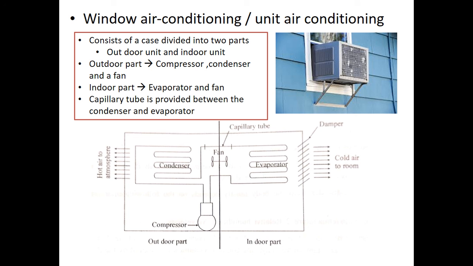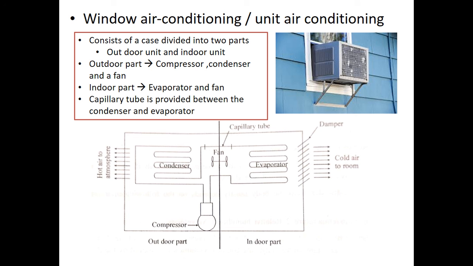Initially the low pressure vapor is drawn from the evaporator, compressed to very high pressure and delivered to the condenser. In the condenser this refrigerant vapor is condensed by releasing the latent heat of condensation to the surrounding air. Once the air absorbs the heat from the condenser, this hot air is driven out using a fan.